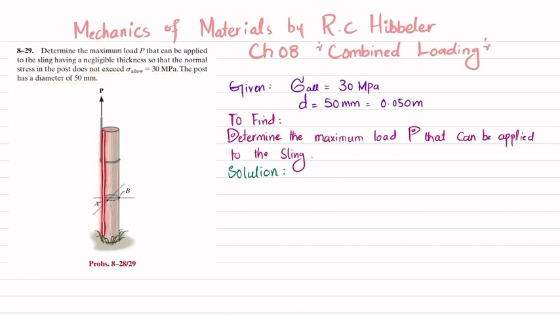So you can see this is a cylindrical post having diameter of 50 millimeter, and you have to find this P that can be applied to this sling of negligible thickness, and the allowable stress in this post should be equal to 30 megapascal.